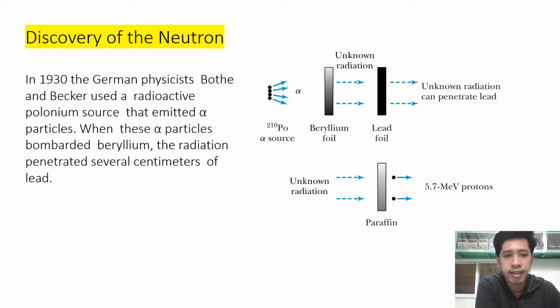Again, in the 1920s, Rutherford proposed the existence of the neutron. But it was only in the 1930s that the German physicists Bothe and Becker used a radioactive polonium source that emitted alpha particles.